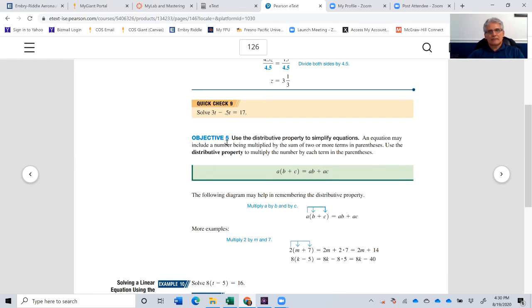The next objective, number 5, is to review distributive property. And what we're talking about with distributive property is there can be a situation where we have a formula similar to this, where there are terms on the outside of parentheses, and then there's a plus sign with two terms in the middle of the parentheses. And when we have that kind of a situation, the question would be, how can we convert this expression in a way that allows us to continue to solve the problem?